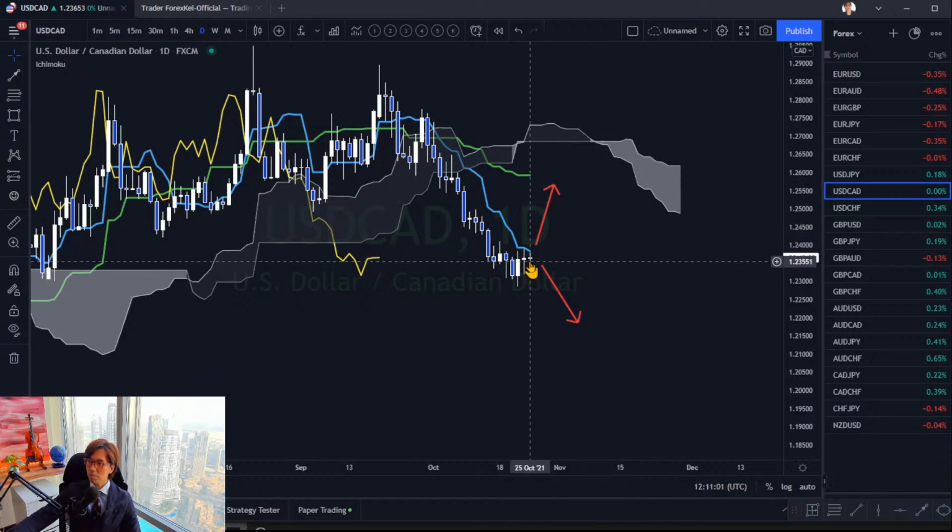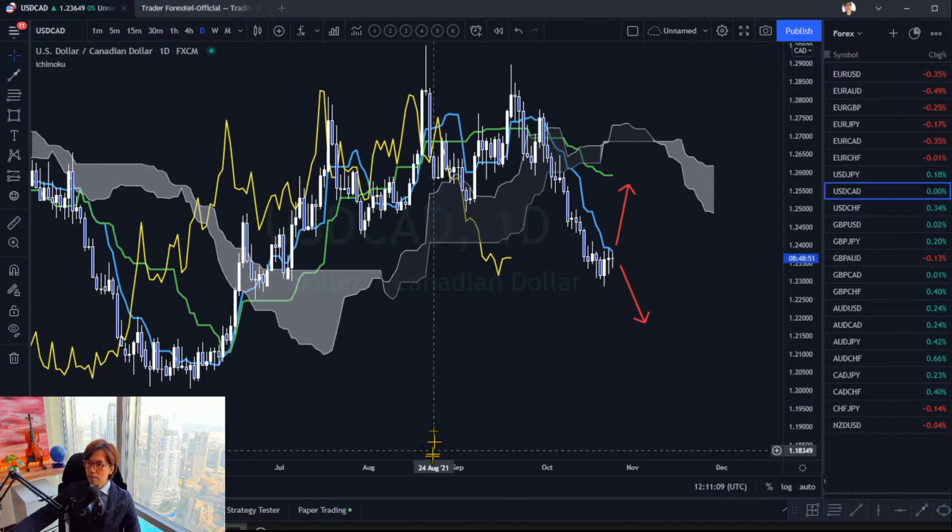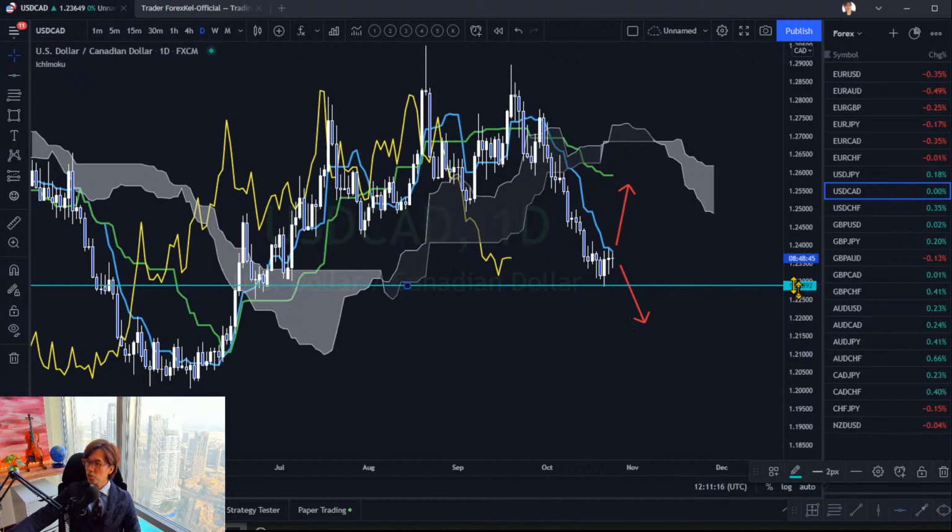So whether the market breaks the Tenkan Sen or not is a key in the daily chart. Let's see. There are some supports in the past at 1.2289. So unless the market breaks that level, it might pull back to the Kijun Sen.